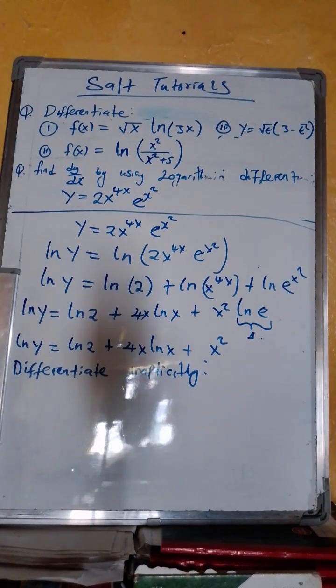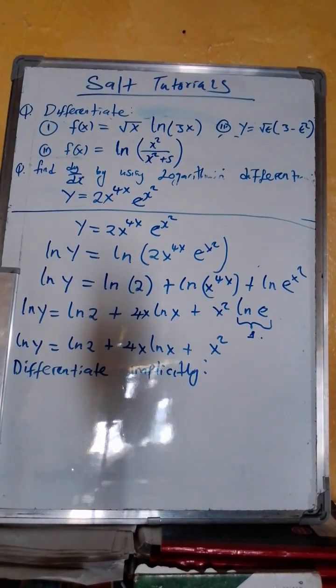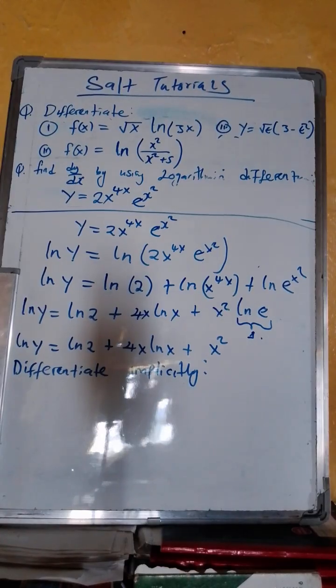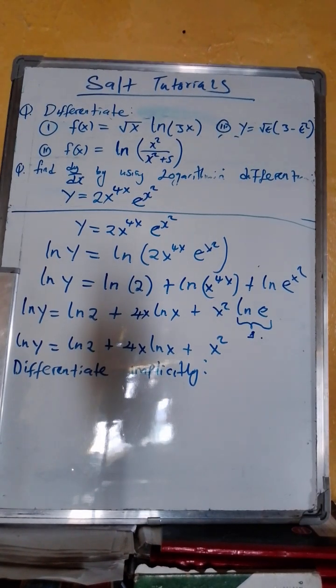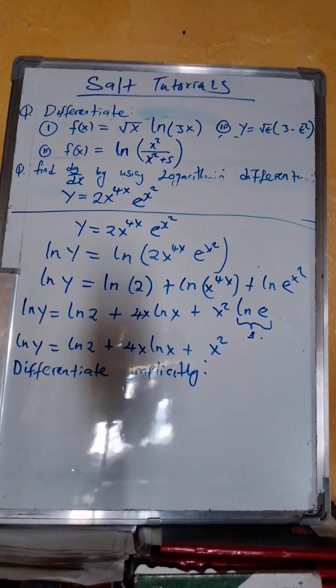We'll differentiate every variable with respect to x. So if I differentiate the natural log of y, my answer should have dy dx attached to it. But if I differentiate the one which has a variable x with respect to x, we won't attach dy dx to it.